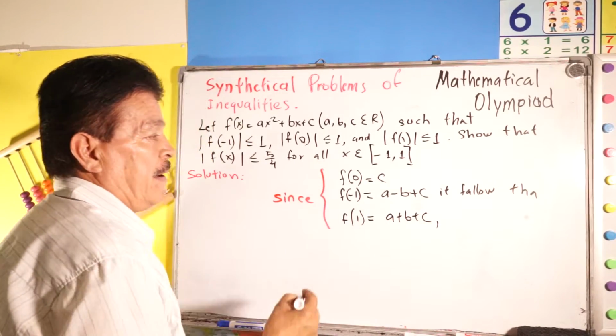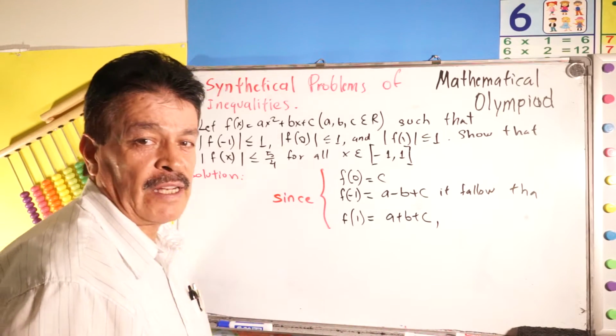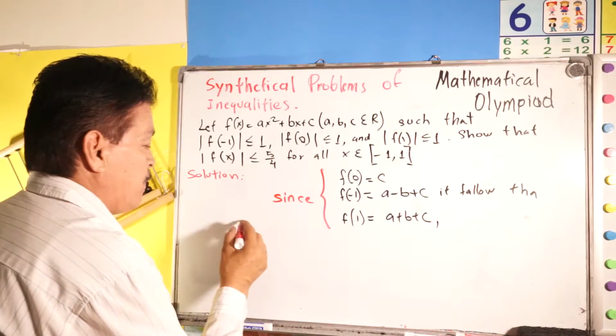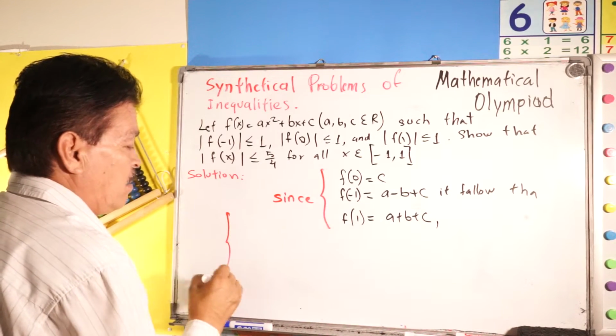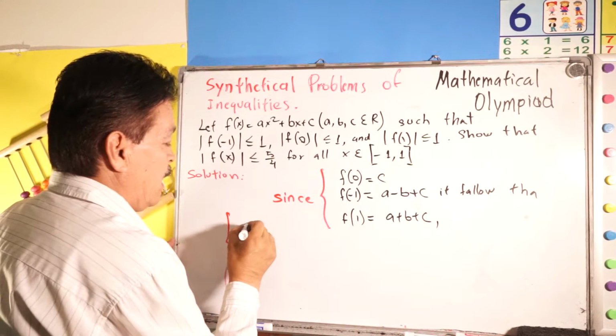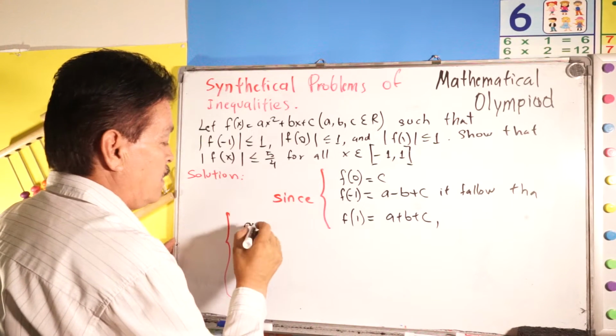So another clue: let's open another parenthesis here and write a, b, and c. We have some data here.